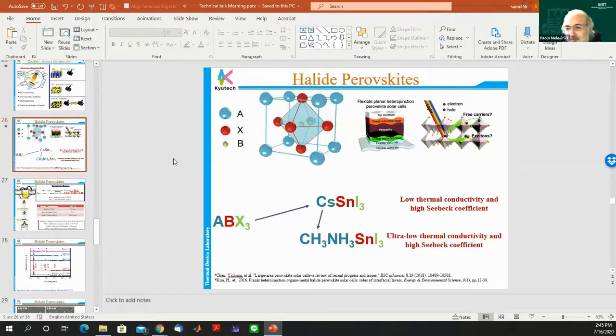So any questions from the audience? Hello, sir. My name is Subhash. In halides, I have a doubt. You replaced cesium with methylamine. The oxidation state of cesium in the halide perovskite is +1, and in this case CH3NH3 is the same, 1+. So the bonding with tin, either CH3 or NH3 in this composition. Generally cesium will bond with tin in the first case.